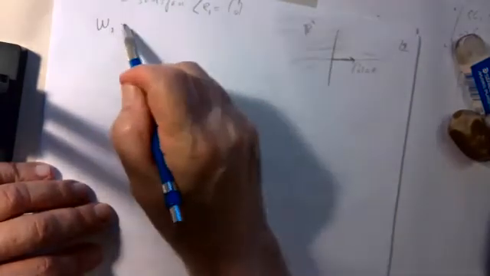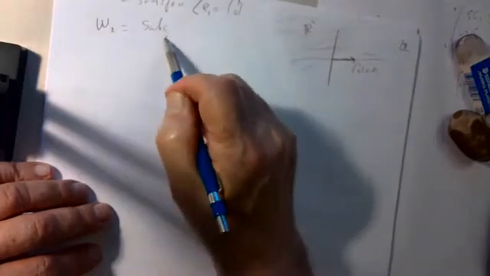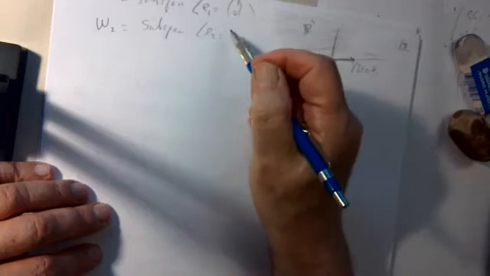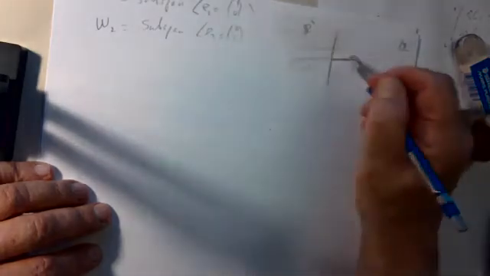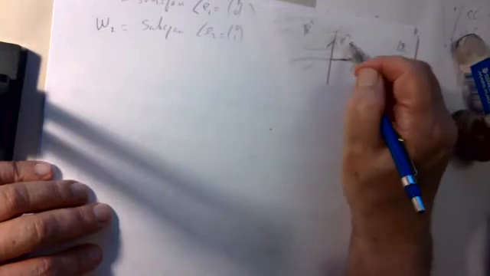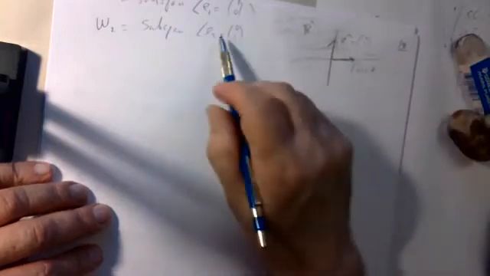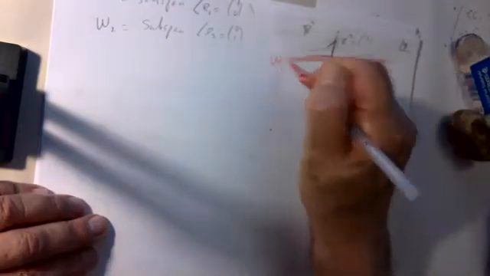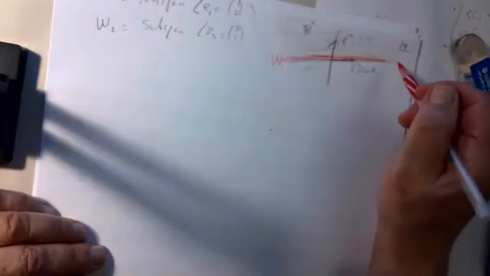And W2 is the subspace generated by E2, which is the unit vector in the Y direction. This is E2. So what is the set of all scalar multiples of E1? It's just the x-axis. W1 is the x-axis.